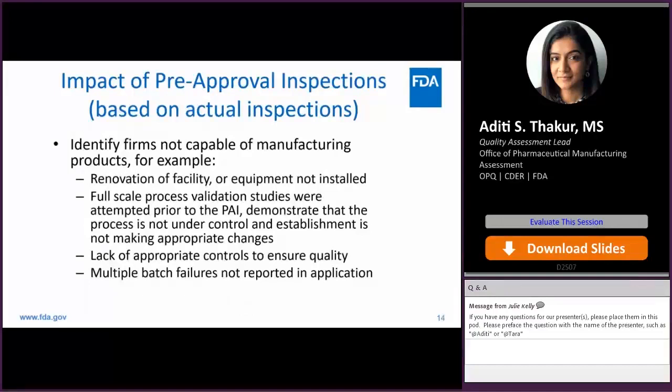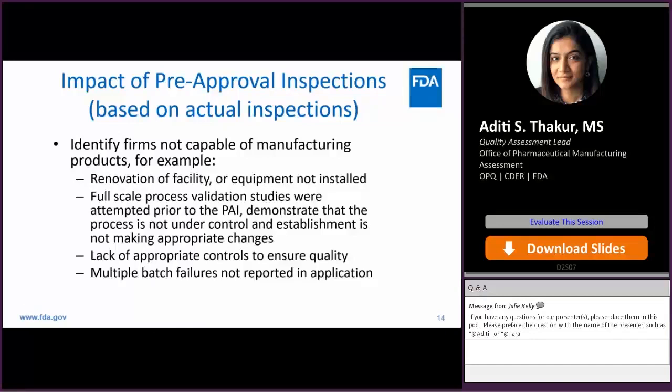Observations from PAI which impact the approval of the submission include cases where it is identified that the firm is not capable of the responsibilities mentioned in the application. For example, the equipment, such as a capsule filling machine proposed for commercial manufacture, is not installed. It might be purchased, however, since the facility is not ready for commercial manufacture, it can lead to approvability issues.